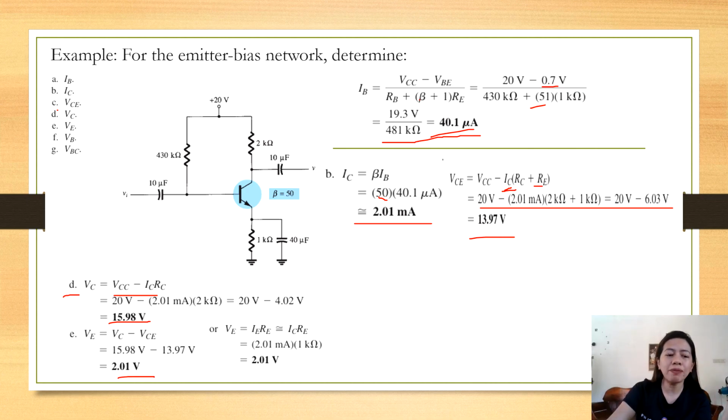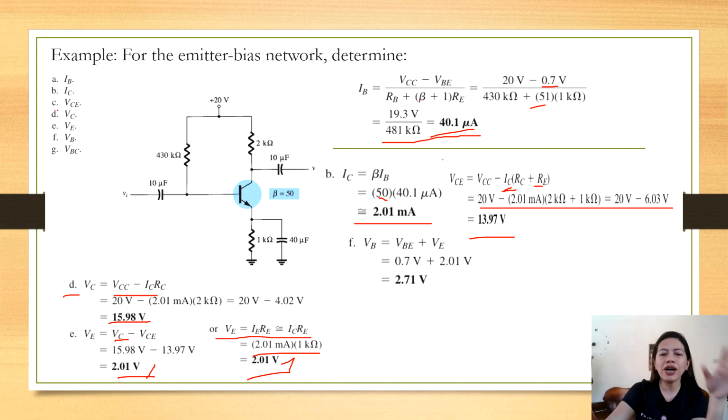We can use that because you already know the value of VC, and you also already have the value of VCE. So you can just directly use the formula VE is equal to VC minus VCE. But there is another way. You could also use VE is equal to IERE or ICRE. You could still arrive at the same answer. Next is finding the VB.